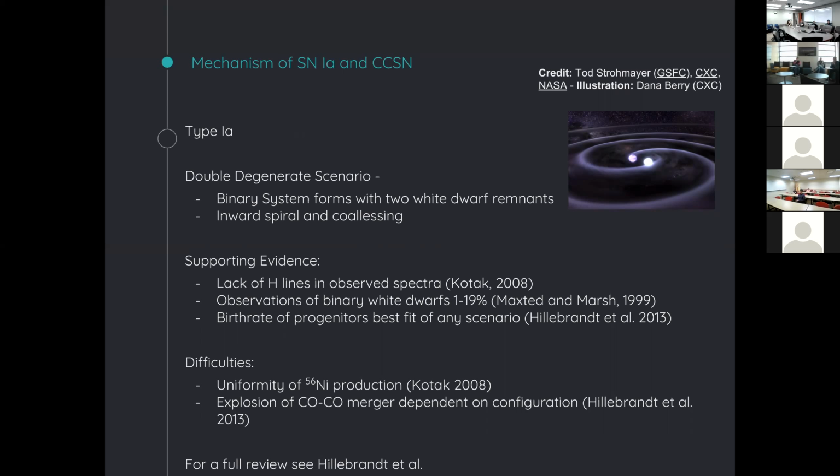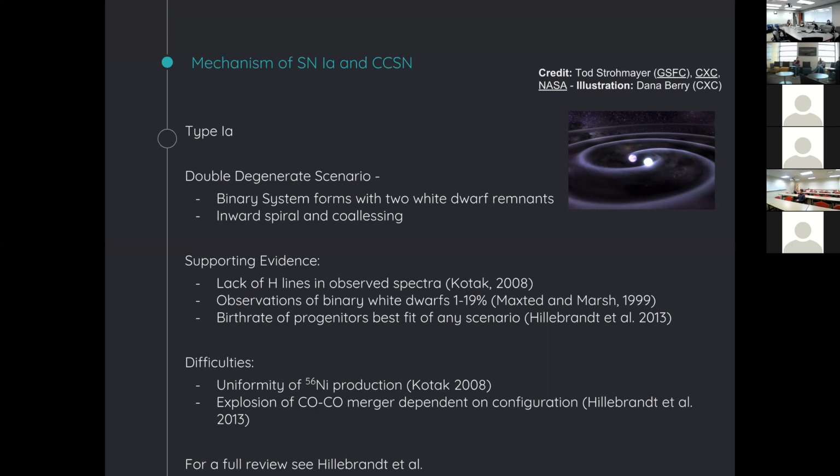You see, if you have two quite small mass white dwarfs, 0.8 solar masses, for instance, and then they coalesce, you would expect a very different amount of nickel 56 produced as compared to two white dwarfs at, let's say, 1.1 or 1.2. But nickel 56 production is very consistent throughout type 1As. This is why we use them as standardizable candles, obviously. And so that particular aspect doesn't quite fit with the idea that we have.